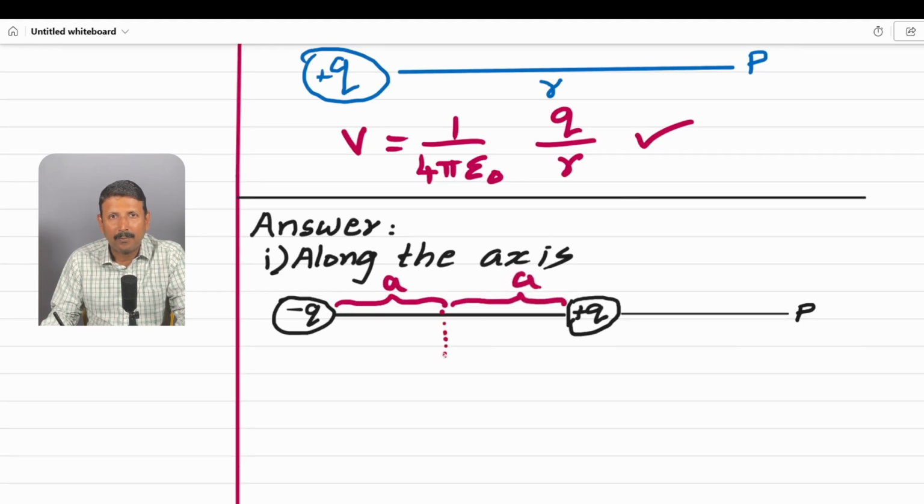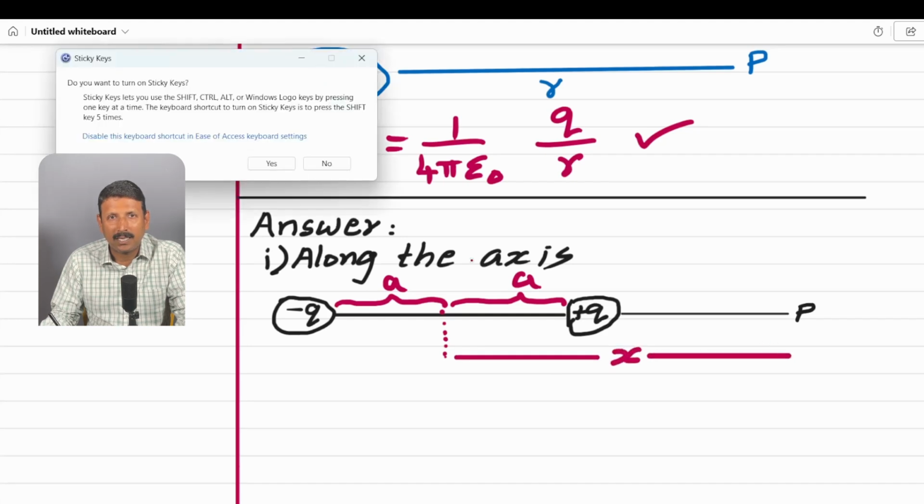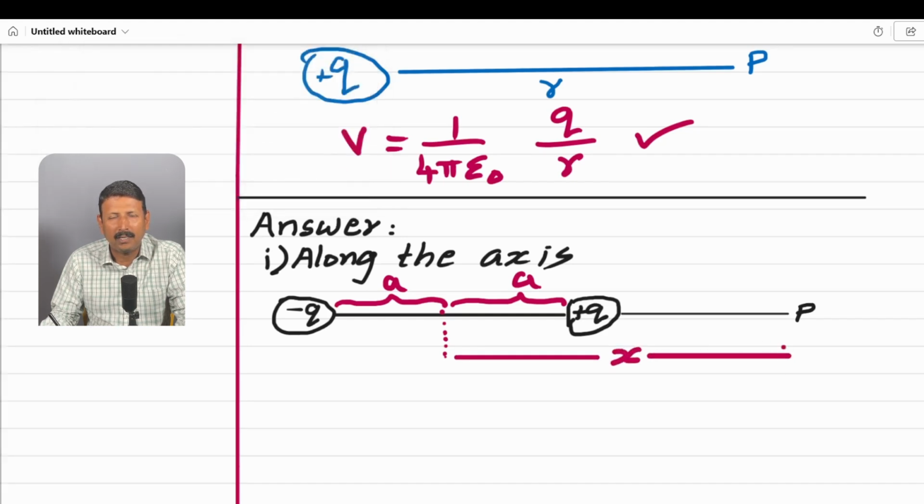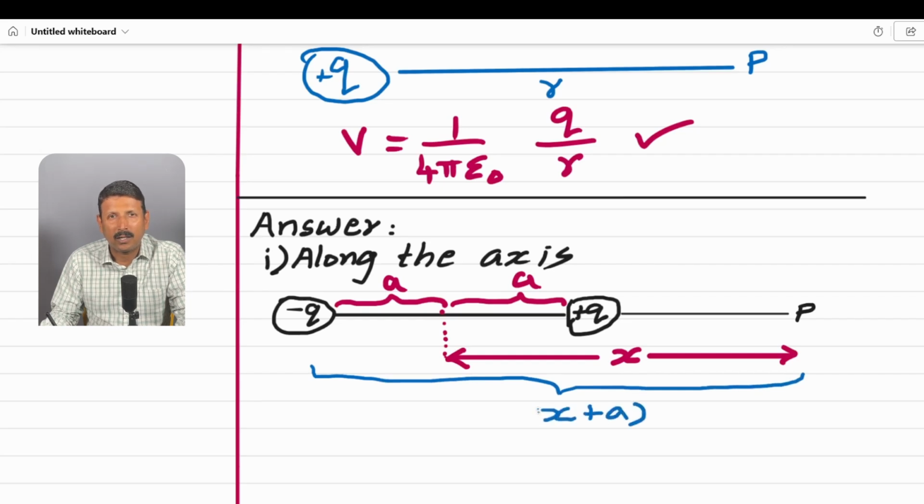So minus Q here and plus Q here, separated by a distance 2a. Considering the center of the dipole, we mark a and a. And the point P is along its axis at a distance x from the center of the dipole. The drawing is clear, right?